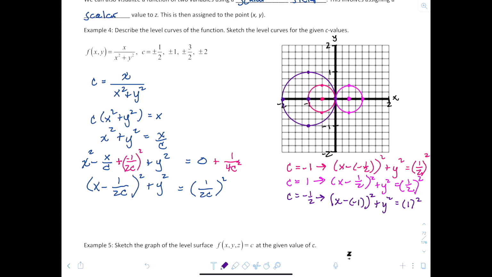Pretty good, right? And then what's going to happen when you go to positive a half? So c equal to positive a half. The only thing that'll change will be the center.